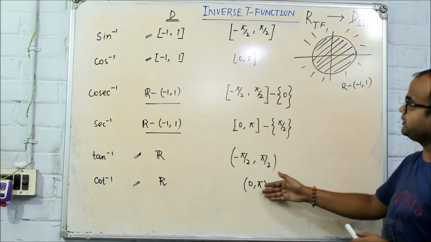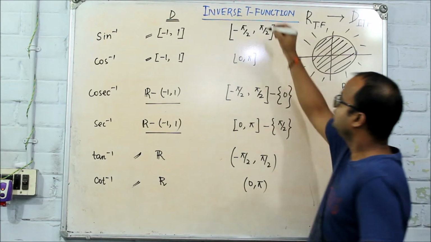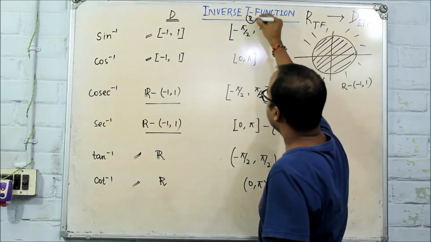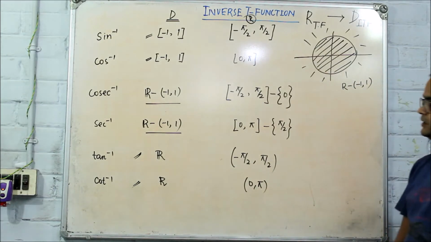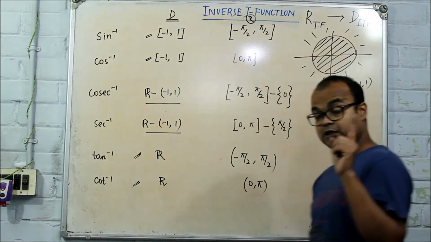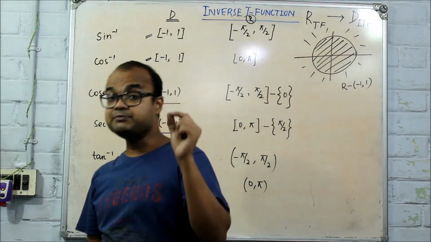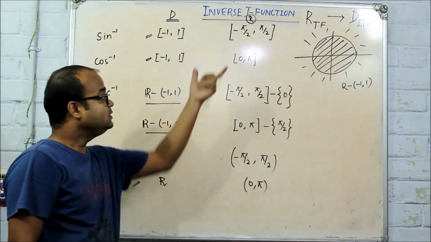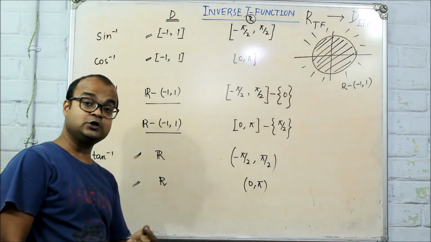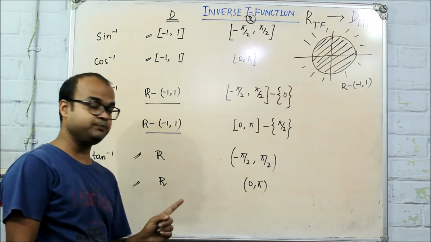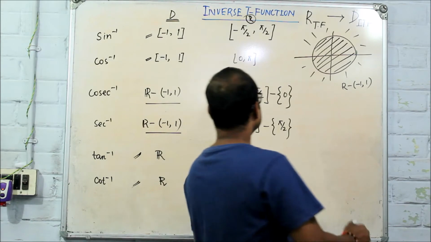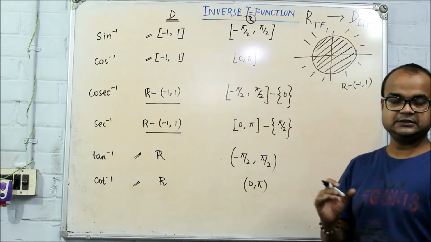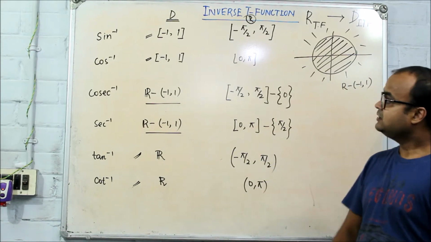Moving on to the range. How are we going to remember it? Sometimes we forget the range, which is very important when we solve problems. For that, I give you a tip.